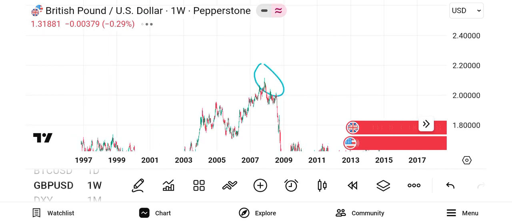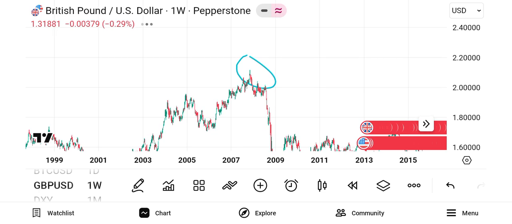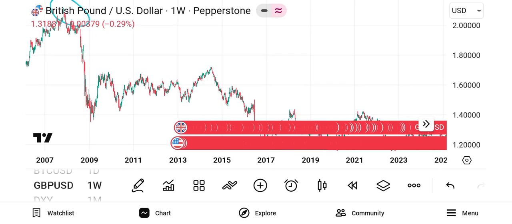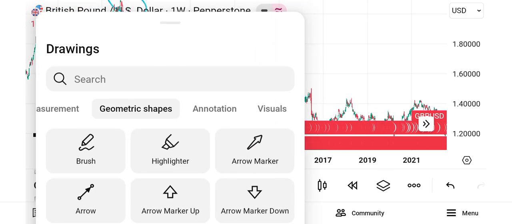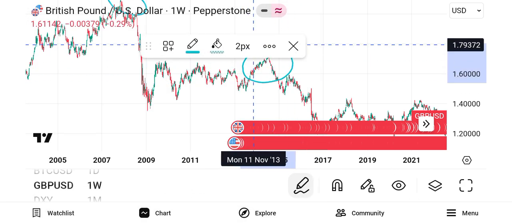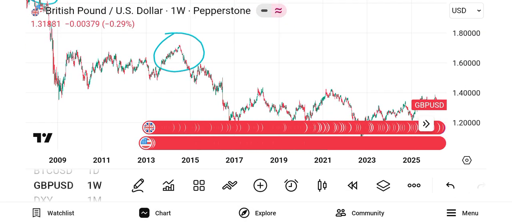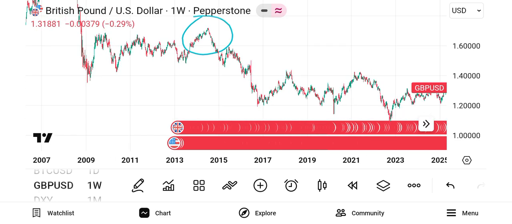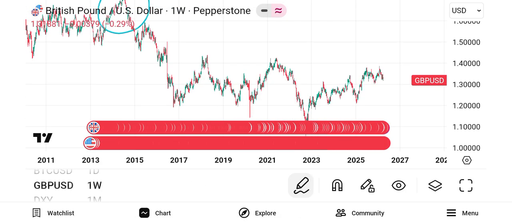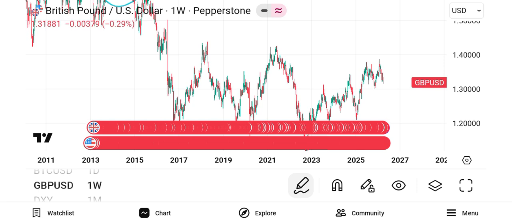So you can see here we have this peak, this lower high, marked out already. Here we also have a peak, but price is not currently here at the moment. So you go to the next point.